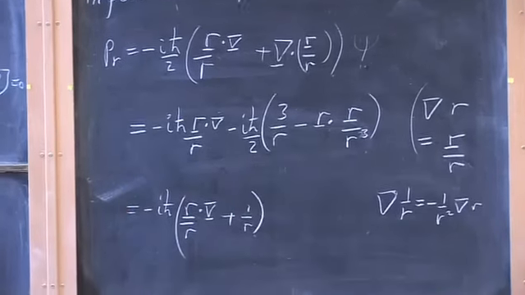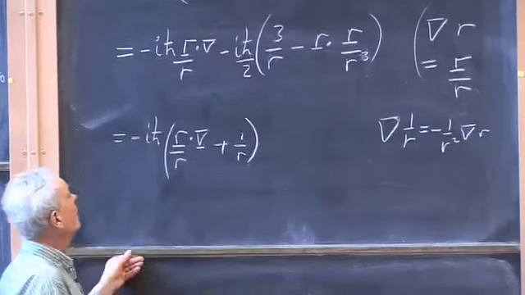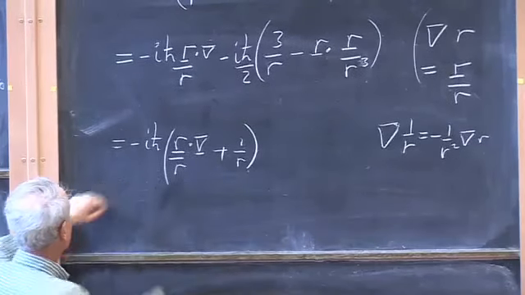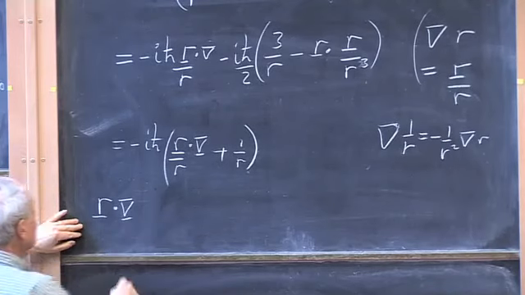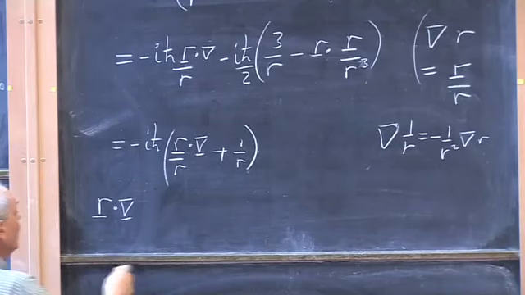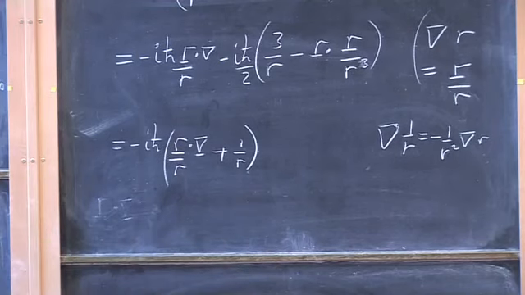Okay, so that's what this stuff reduces to. What we next want to know is, what is r dot gradient? I want to know what this is in spherical polar coordinates.